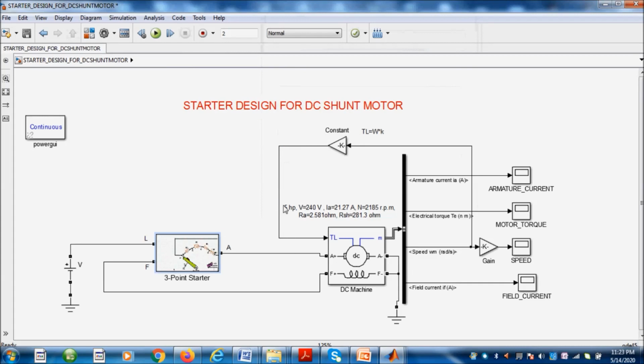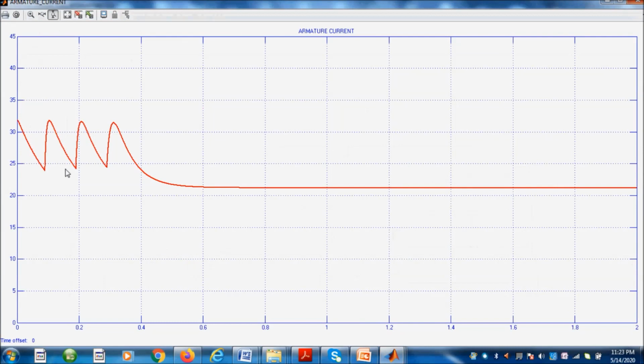The same torque proportional to speed type load is connected here also. Run it. This is the initial current with the starter. Here I am using I1, that is initial current, as 1.5 times the rated armature current.